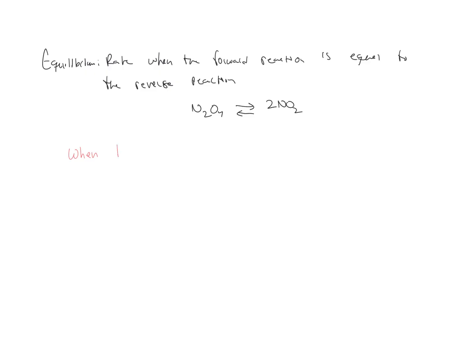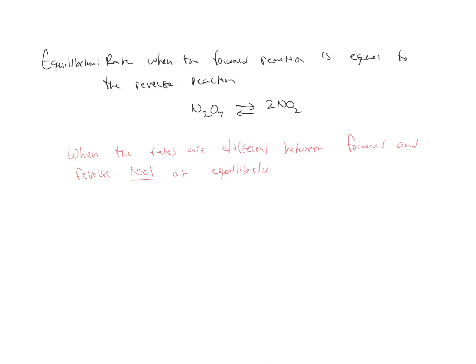When the rates are different between forward and reverse, they are explicitly not at equilibrium.